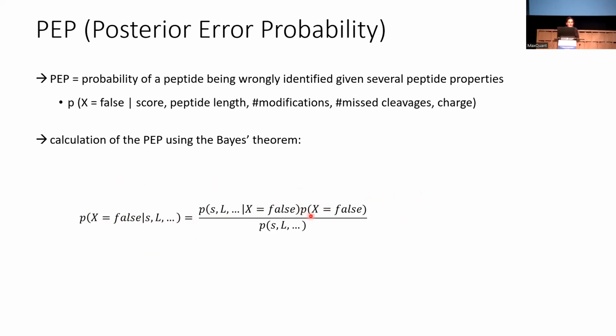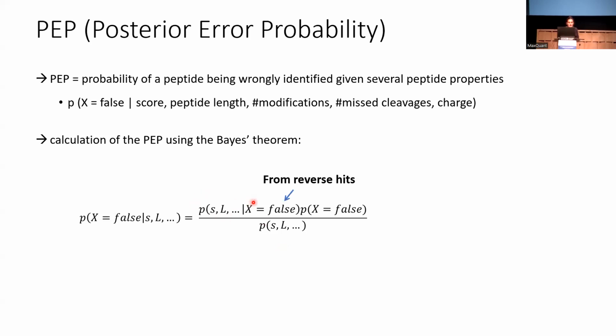Then we multiply that with the probability of any identification being wrong. And then we divide that by the probability of having all of these features that we were talking about. It looks quite daunting maybe, but it's quite easy to calculate.